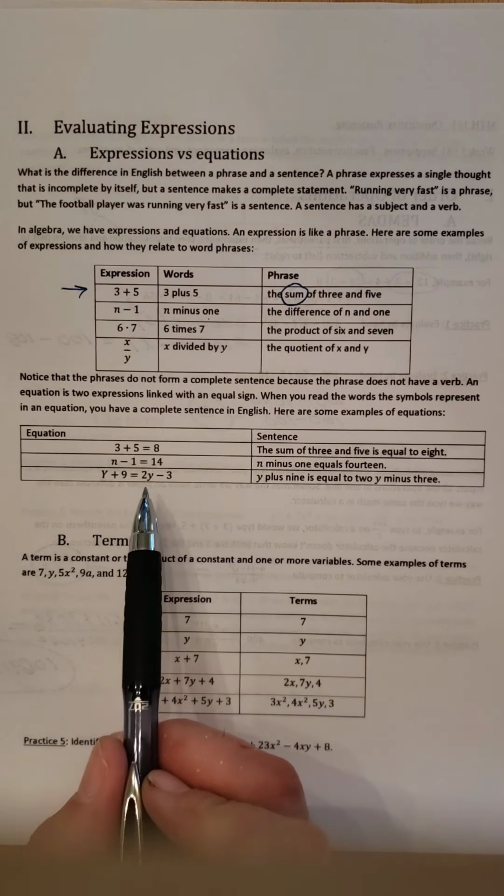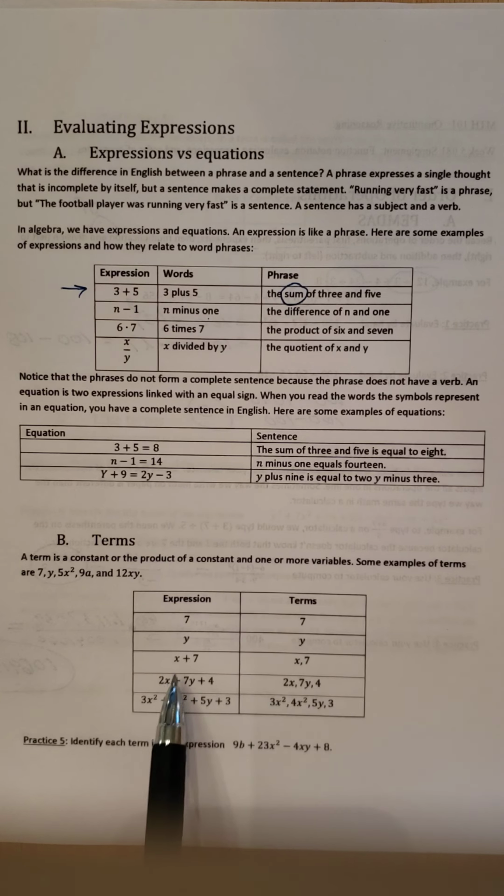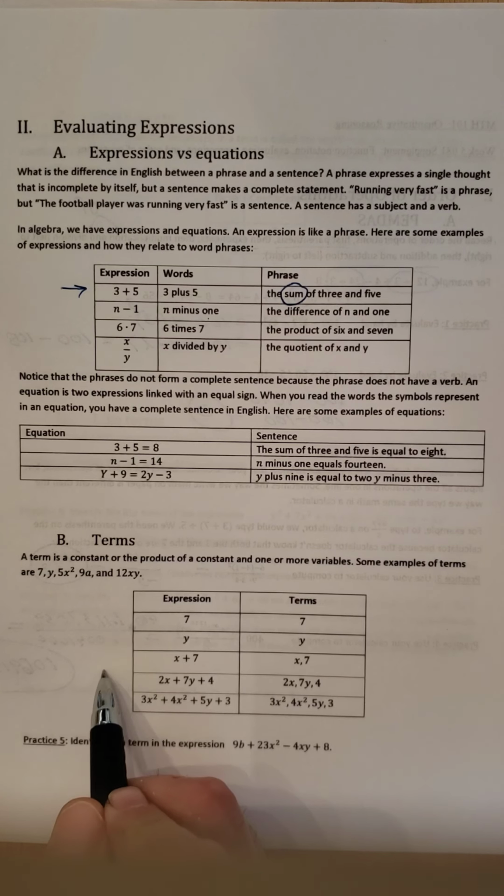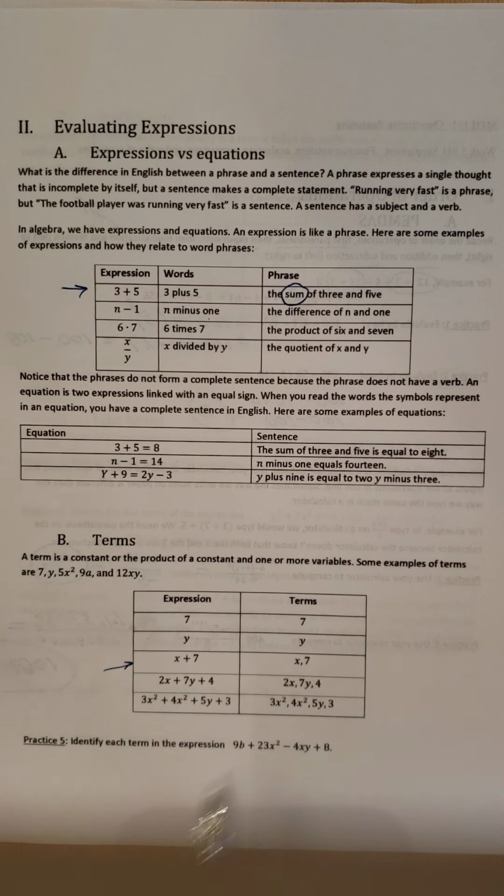So then we get down here. What are some of these terms? If we just have an expression of 7, that's the only term. Y would be the only term. X plus 7, this is going to be what we refer to later as a binomial. It's two terms. I can't add those together because they're not like terms. So my terms would be x and 7. Here I have three terms, 2x, 7y, and 4.